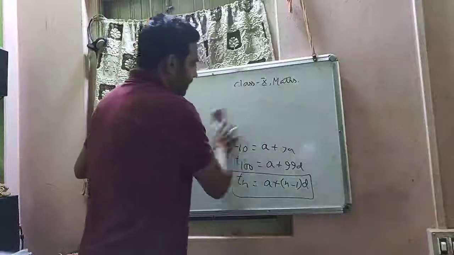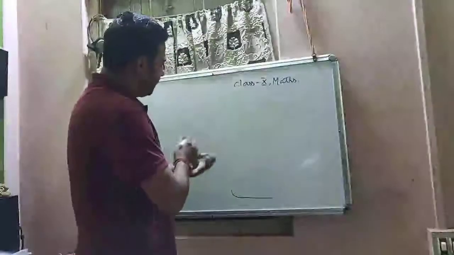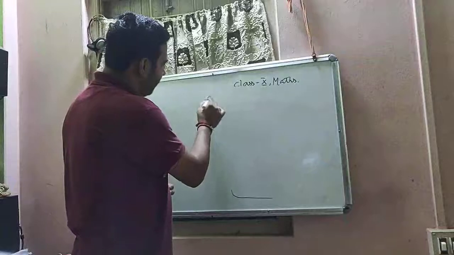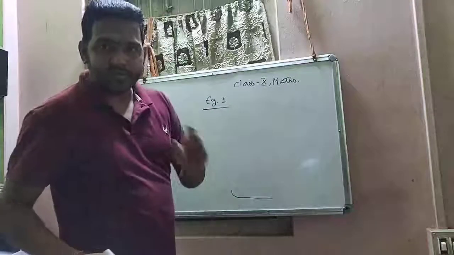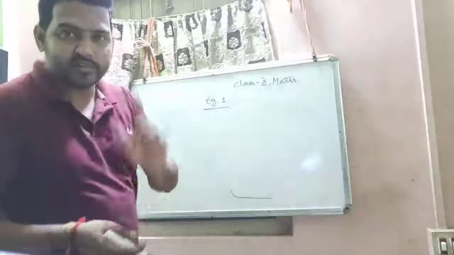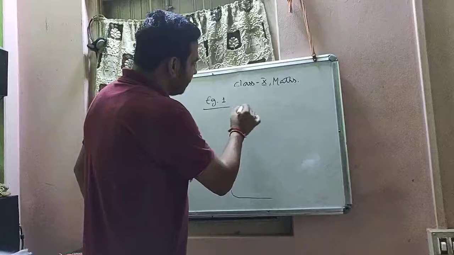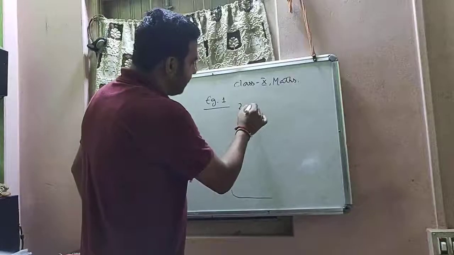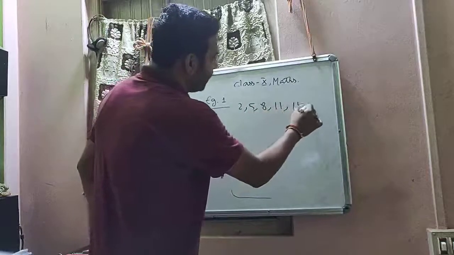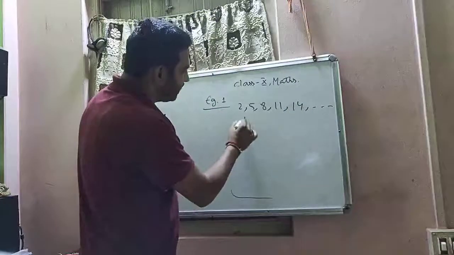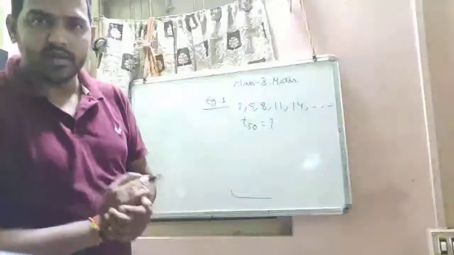Now some questions may be there. Example number 1. If I give you a task to find out the 50th term, suppose 2, 5, 8, 11, 14, dot dot, find the T50, the 50th term.